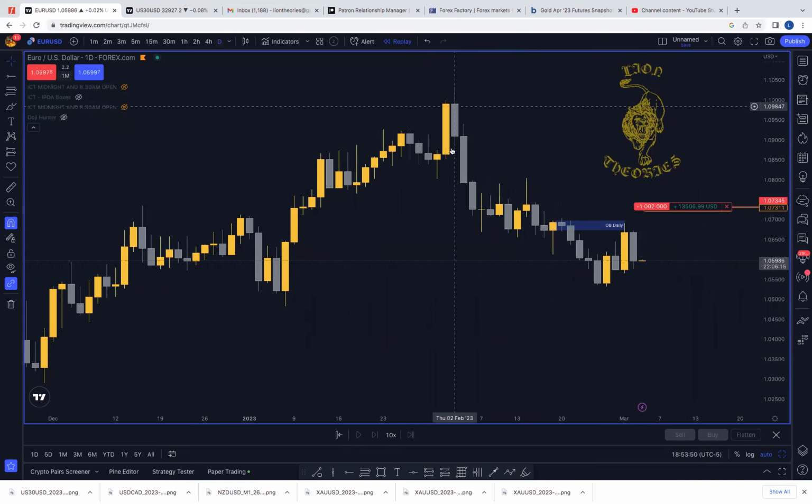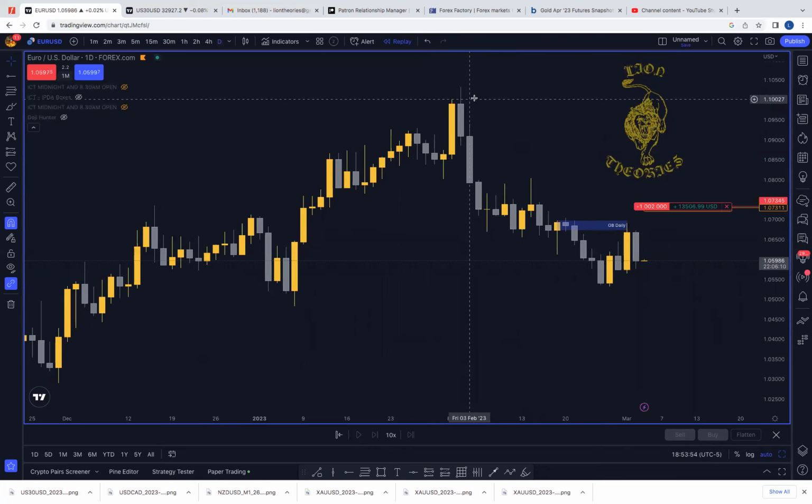Well, you see price comes up, and as soon as it went up this high above 1.1, see this price 1.1, it shot down, breaking this structure, taking out this low. Next target is here. Or to be fair, my target was on the lower time frame.